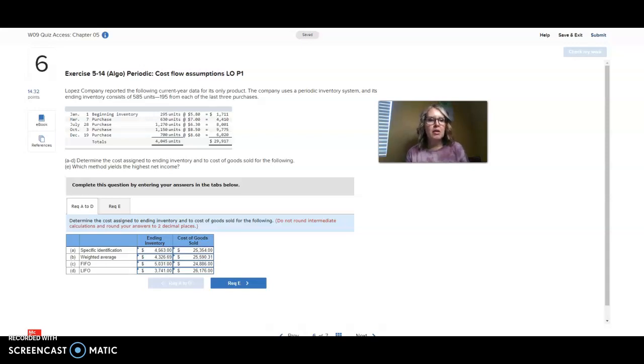So we're going to work on specific identification first, and to solve this we have to take the cost of the actual units that we have left. So we have 195 from each of the last 3 purchases, and so we're going to multiply those. You'll see that we multiply 195 times $6.30, and we get 1,288.50.